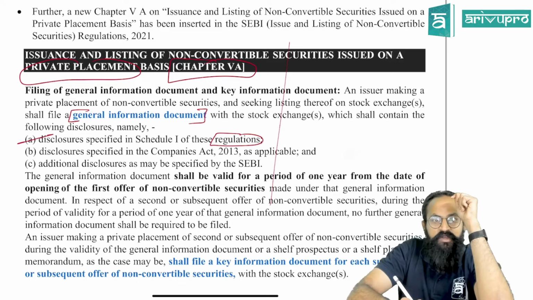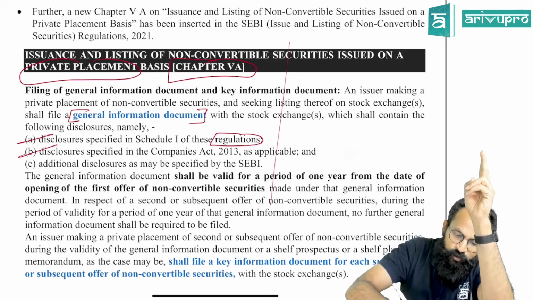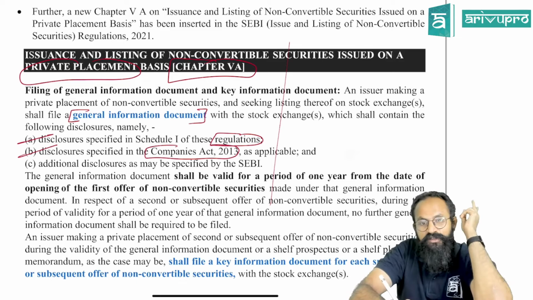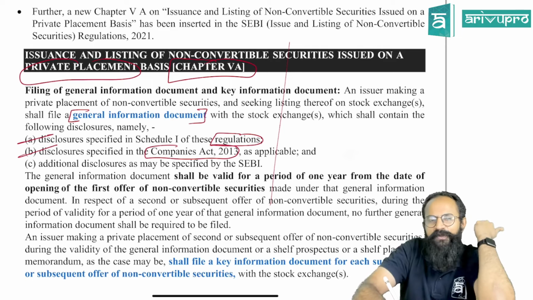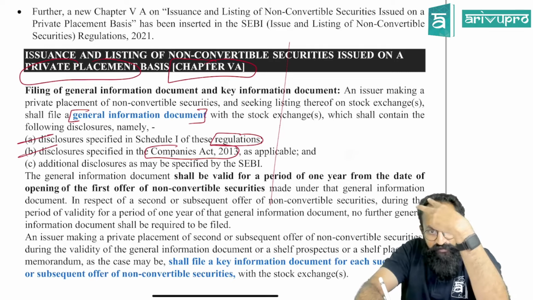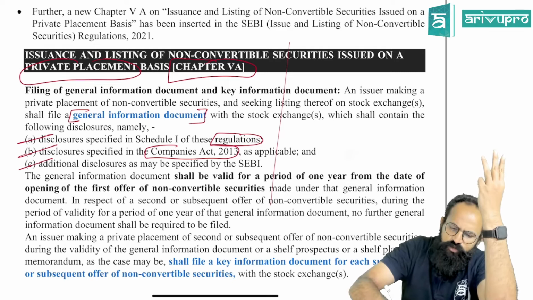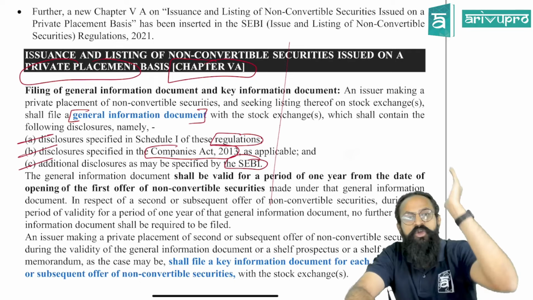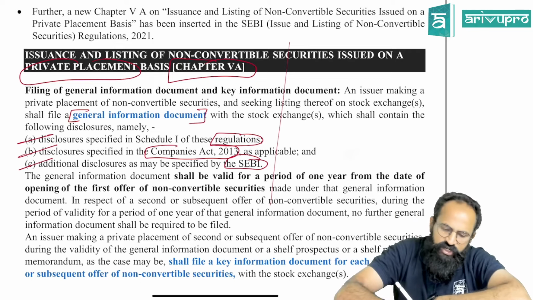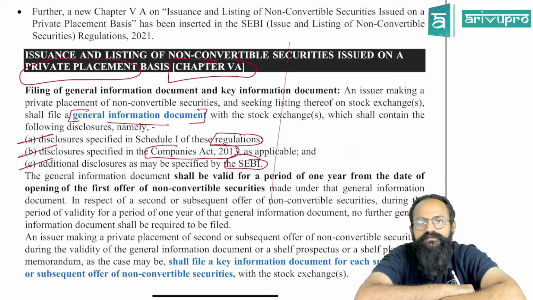Whatever disclosures are given under the Companies Act 2013, if you remember, the PPOL, private placement offer letter, whatever is given there, that also you need to disclose. And any additional disclosures as specified by SEBI, everything should be given in this general information document.